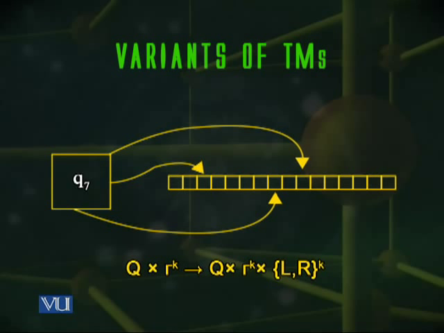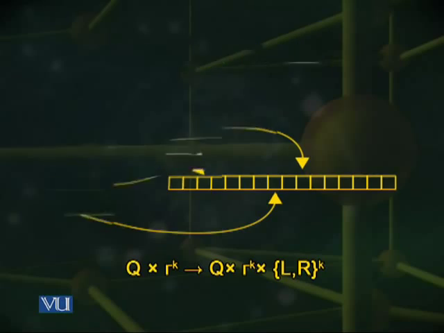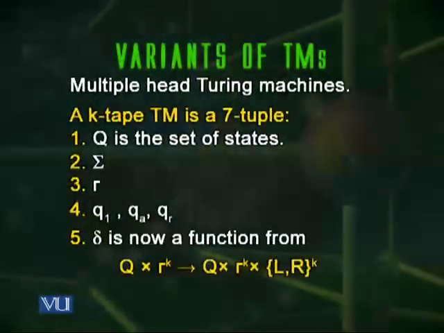All these heads will move independently. We can formally once again define this Turing machine as another 7-tuple where Q is the set of states, Σ is the input alphabet, Γ is the work alphabet, q0 is the initial state, qA as usual is the accept state, qR is the reject state.